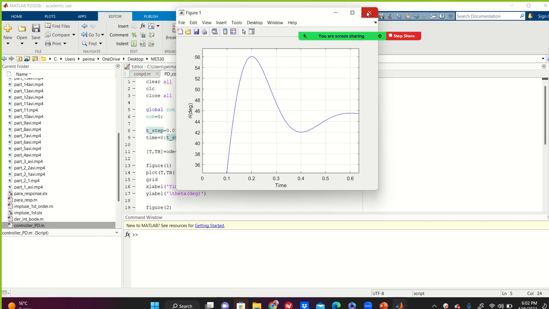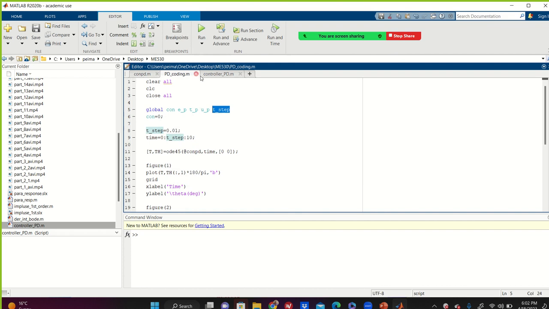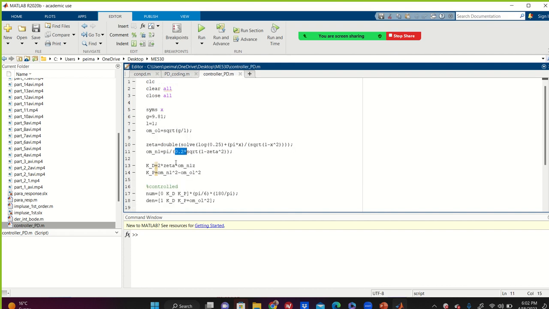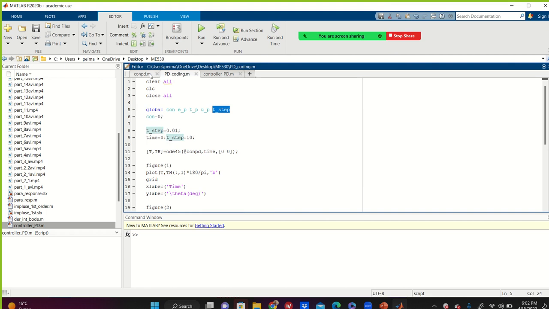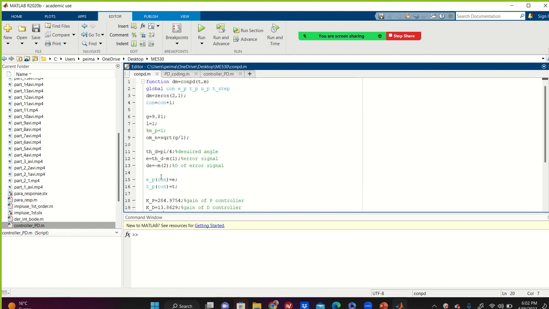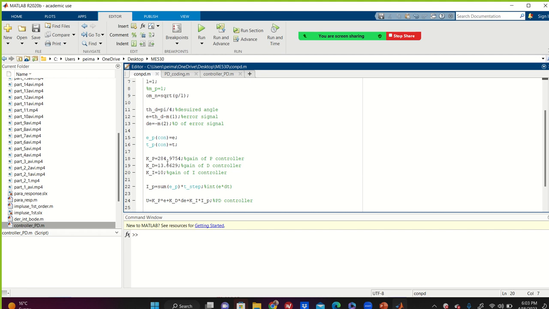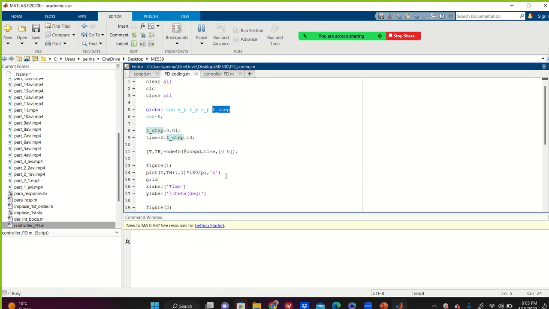But if you increase KP from 10 to 50, where are you? Oh, here we go. 10 to 50, this is not what you wanted to have as a control engineer.